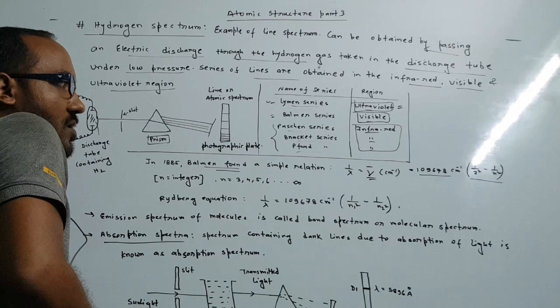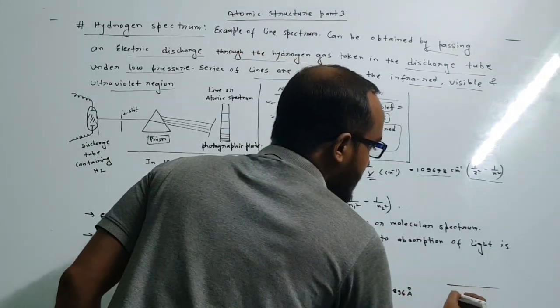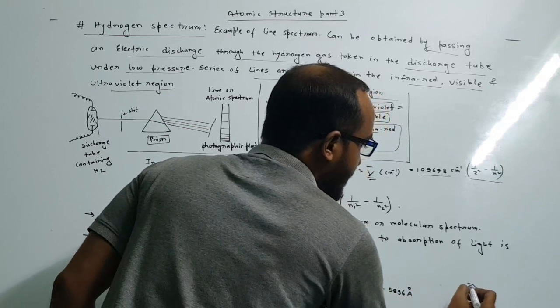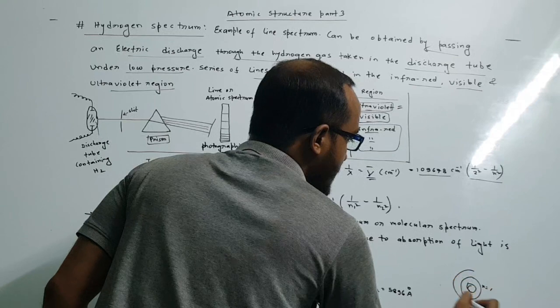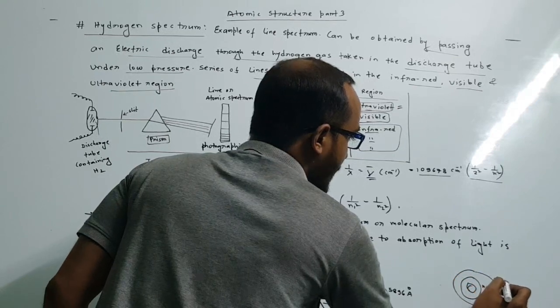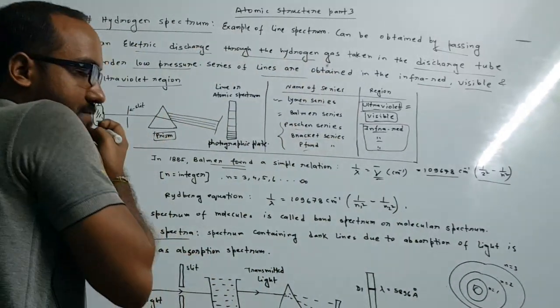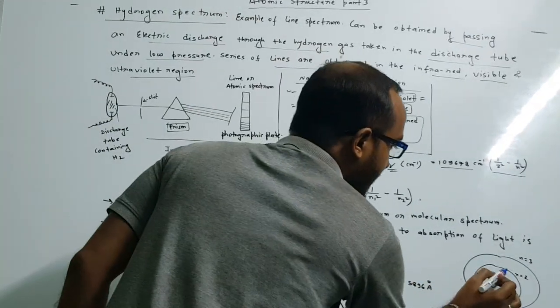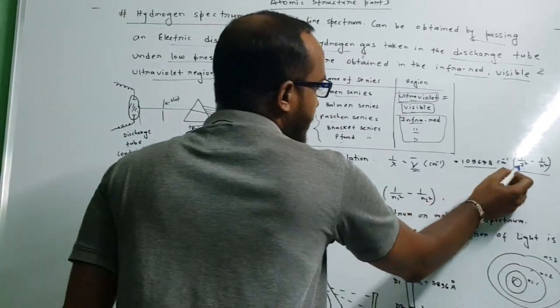Here n is the orbit of the electron. If this is your nucleus, this is n equals 1, this is n equals 2, n equals 3. These are orbits. In Balmer series the starting point is the second orbit.